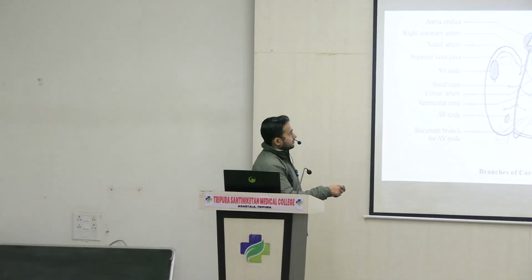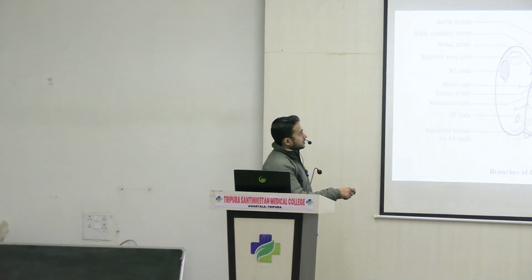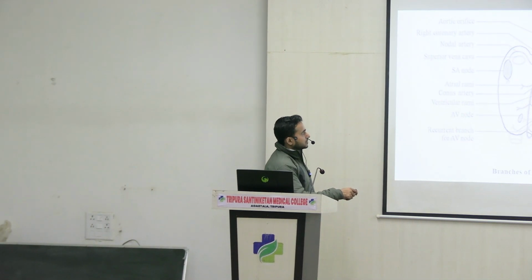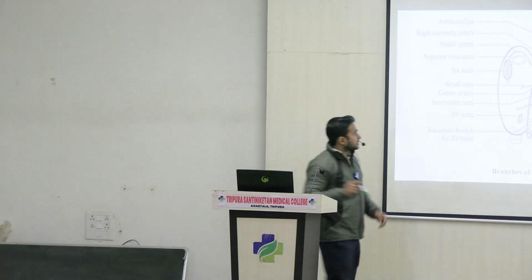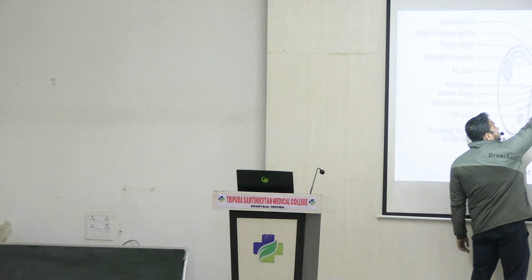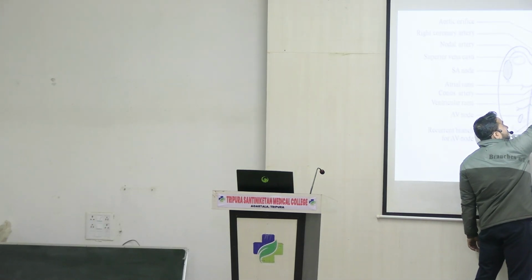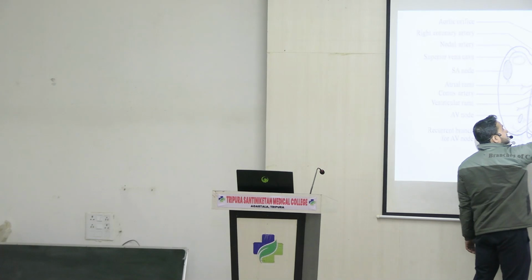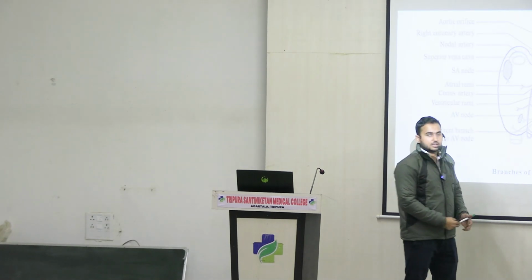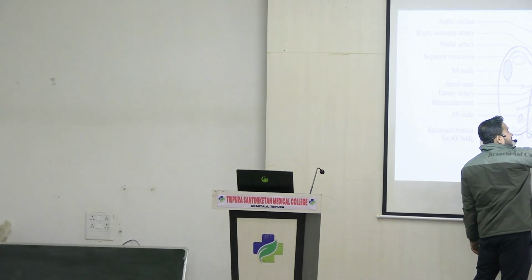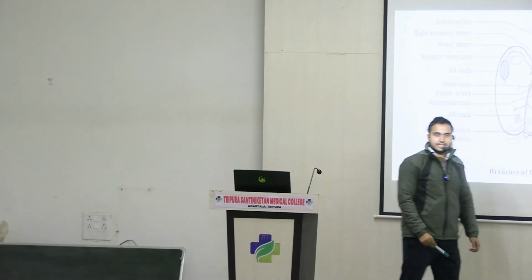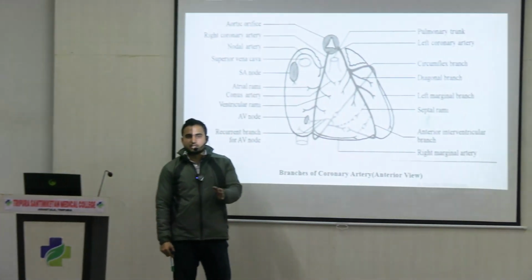As you can see, after arising it is going forward and then towards the left. Once it comes on the surface of the heart, it divides into two branches. This is the main stem of the left coronary artery, and you see it is dividing into two terminal branches. Once it is going downwards, that's why it is also called LAD, left anterior descending.